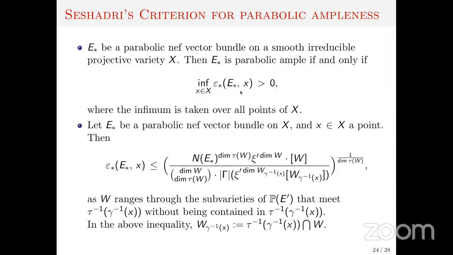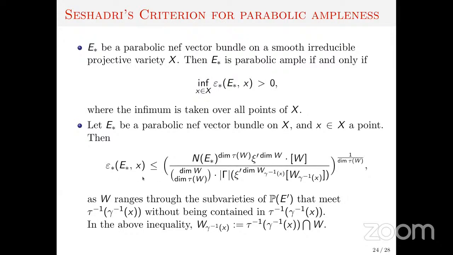And this result generalizes the known results for vector bundles and line bundles on irreducible smooth projective varieties. The proof of this one uses the alternative characterization that we have used. And using the previous two characterizations, we also give this strange looking upper bound of the Seshadri constant.